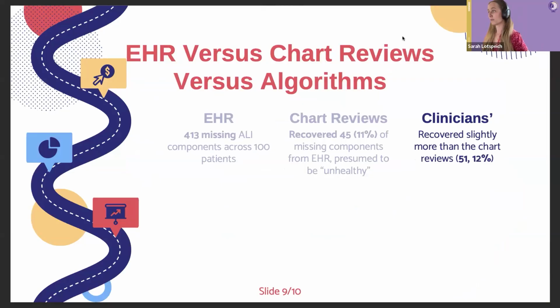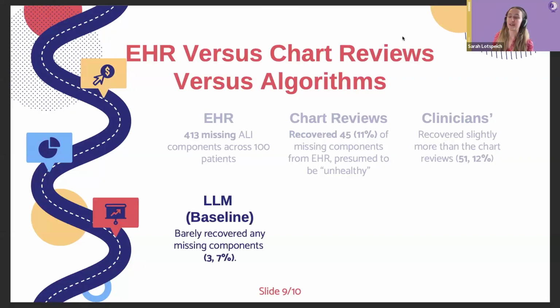Using the clinician's version of the roadmap recovered slightly more, and that discordance was because there were some diagnosis codes that technically matched, like infection could be something like an acute respiratory infection, but in terms of your body's response and the relevant component of the ALI, the chart reviewers probably decided that wasn't an appropriate one.